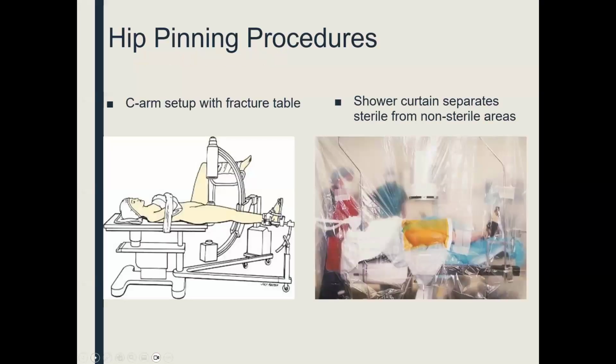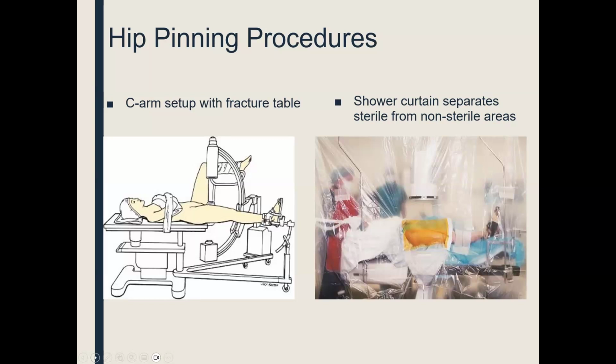All right, let's start with week 2 right here. So today we will discuss a few specific surgical and trauma procedures. The image on the left is for a hip pinning procedure. You can see how it is set up.